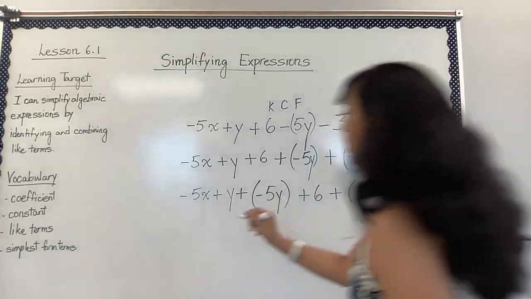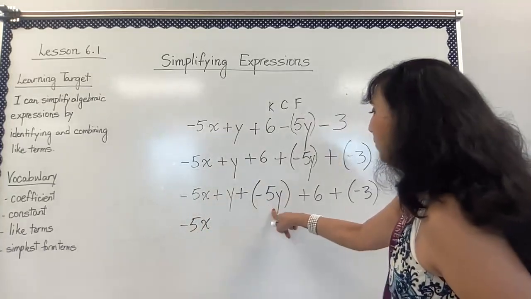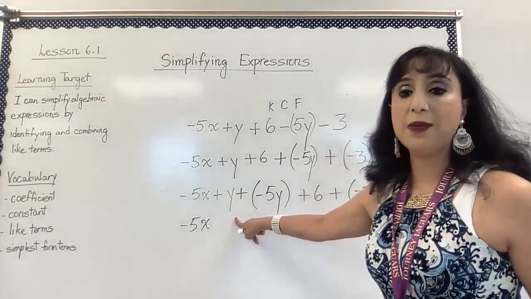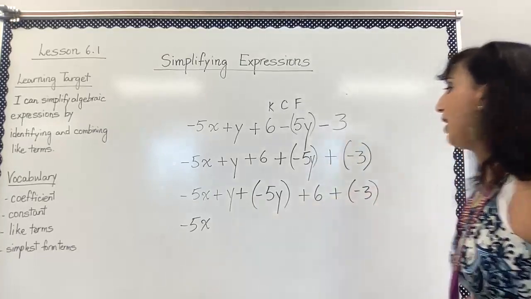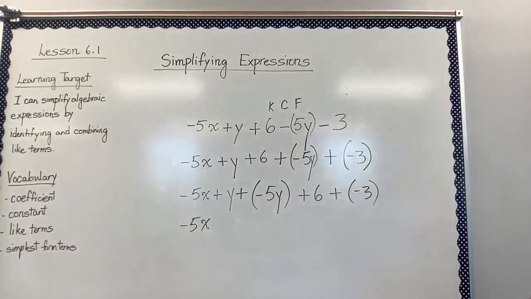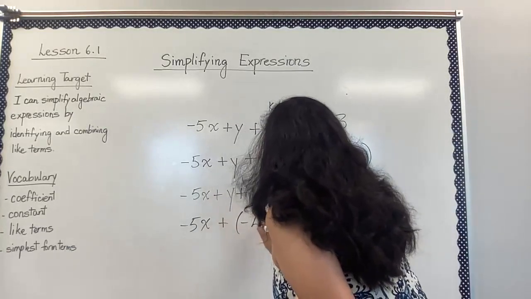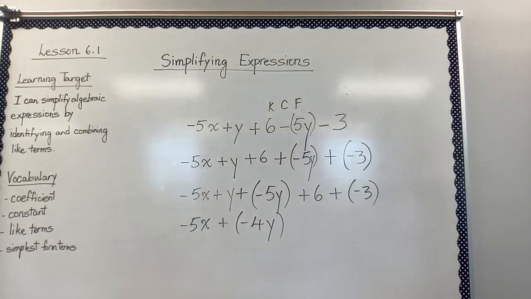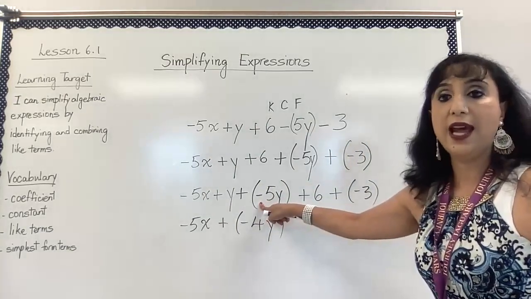So now if I look over here, I have negative 5x and then I have negative 5y and I have 1y. So opposite signs, take the absolute values and subtract and give the sign of the bigger number. So then this is going to be plus -4y, because 5 minus 1 is going to give me 4, and the sign in front of the bigger number over here is negative.